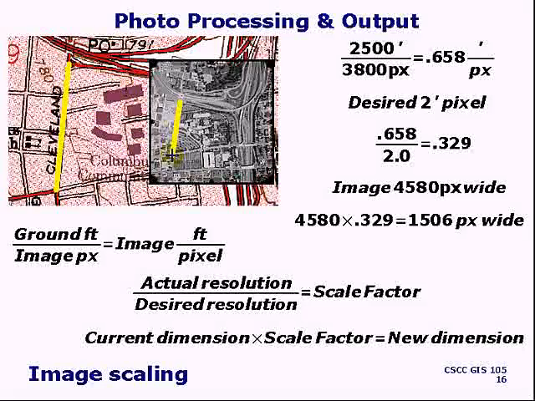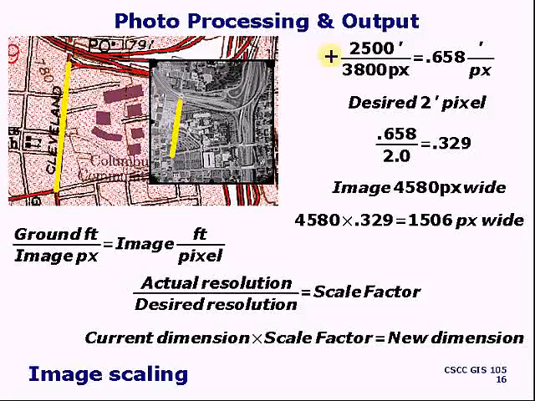If we get into pixels, then we have to start thinking about desired resolutions. So let's say, for example, that distance is 2,500 feet. It measures 380 pixels, so each pixel equals 0.658 feet per pixel. If we want the pixels to be 2 feet, we're going to have to come up with a scale factor.